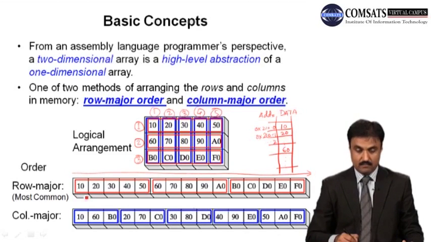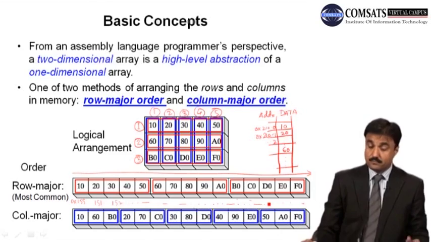For example, the base address starts from here, say 0x150, and the next addresses will be 151, 152 and so on. This will continue up to however many byte elements are being stored inside the memory.